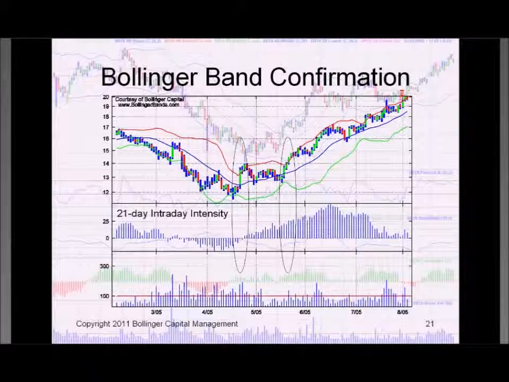So here's a basic example of what this analysis technique is all about. I've introduced a third clip on the chart here. It's 21-day intraday intensity. It's simply a supply-demand calculation that is based on where price closes in each day's range. It was created by an economist by the name of David Bastian when he was in the Army.